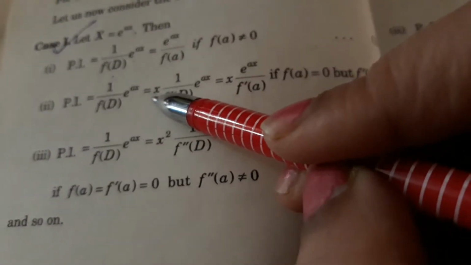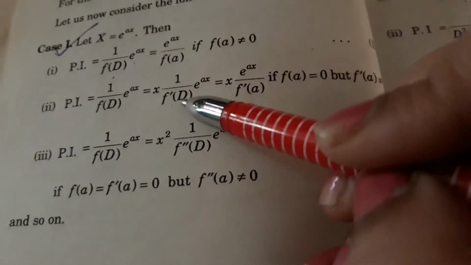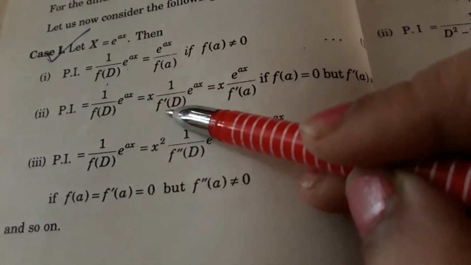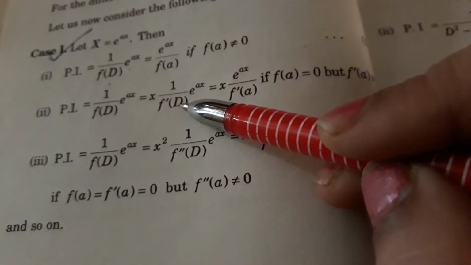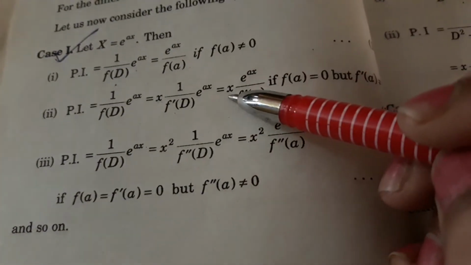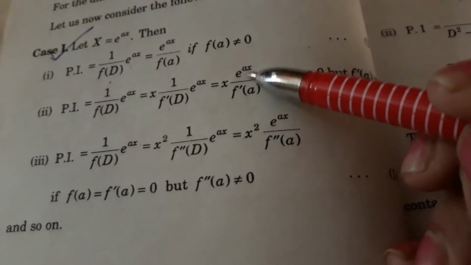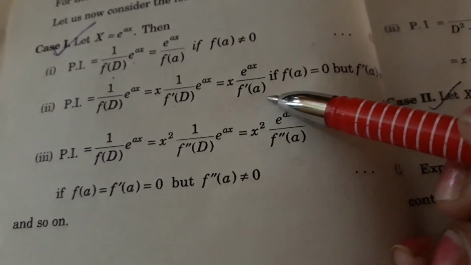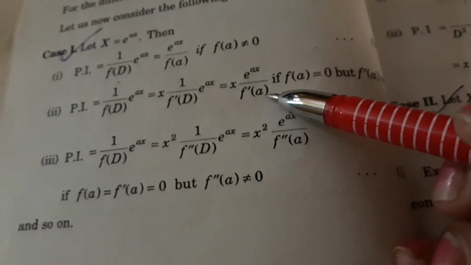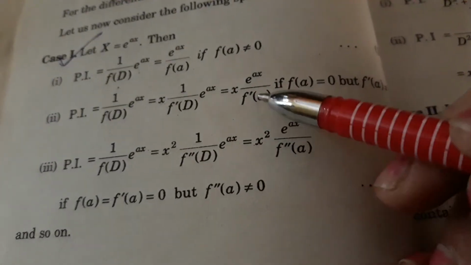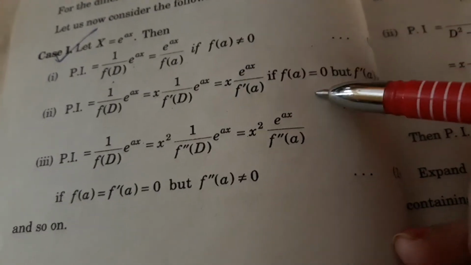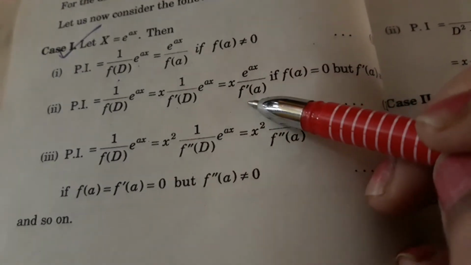Remember there is an x in front. After this you replace D by a. So the particular integral in this case is x e to the power ax by f dash a, again provided the denominator is not equal to 0. You only apply this if f(a) is 0 but f dash a is not equal to 0.